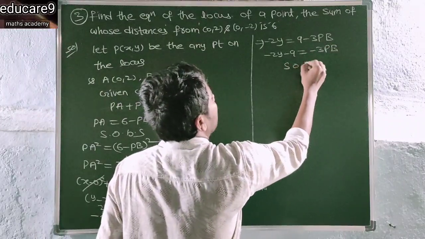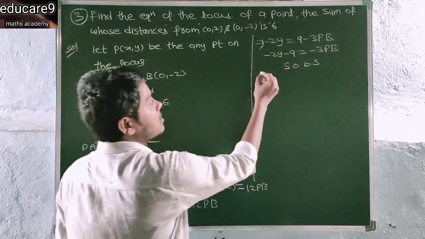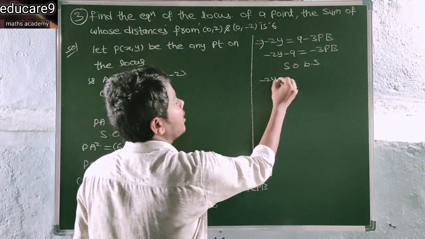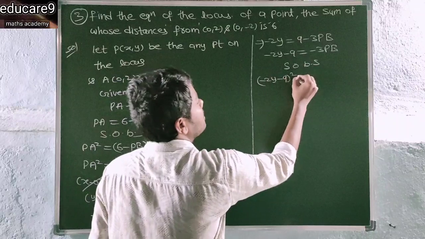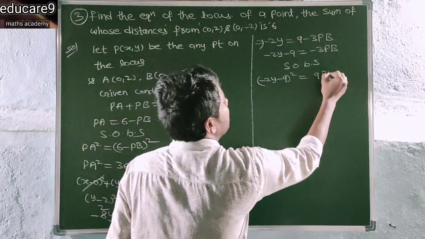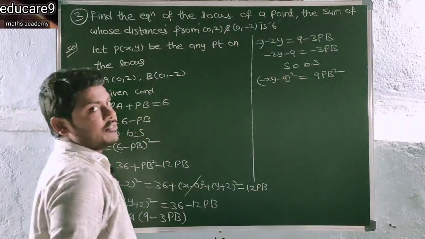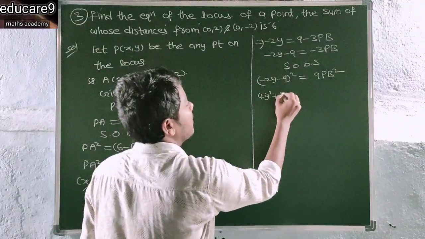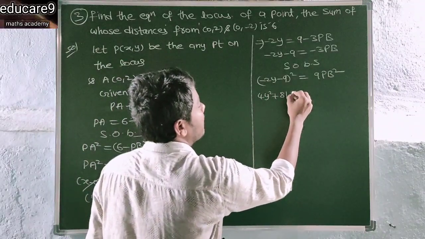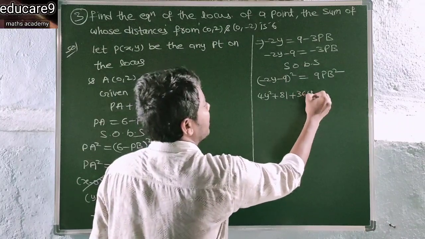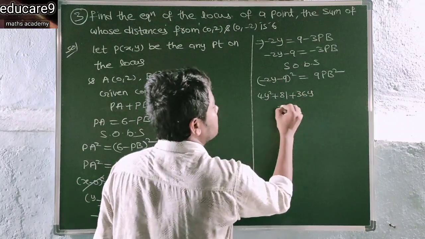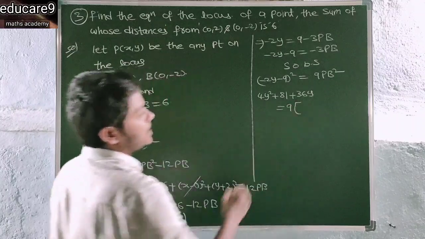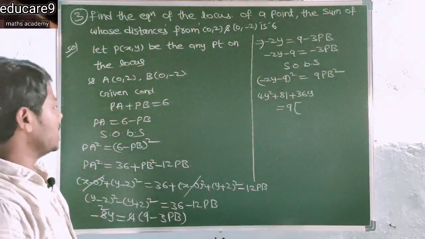So squaring on both sides, that is (minus 2y minus 9) whole square is equal to 9 PB square. So it is in the form of (a minus b) whole square. So clearly this is 4y square plus 81 plus 36y is equal to 9 into PB square. So PB square is what?